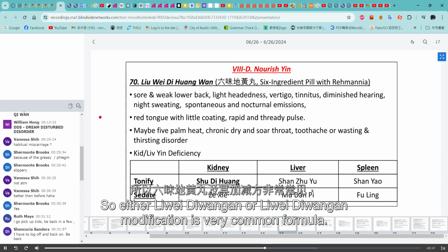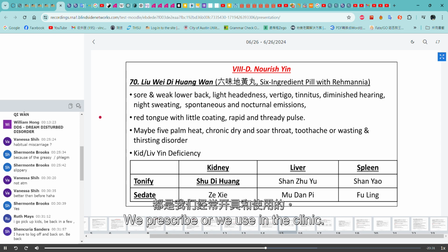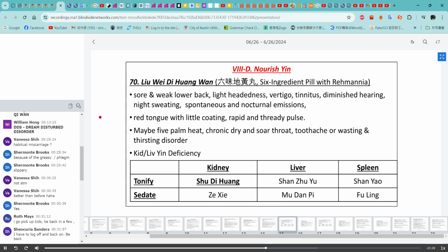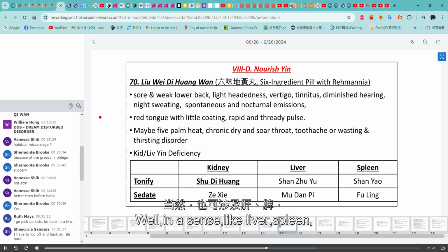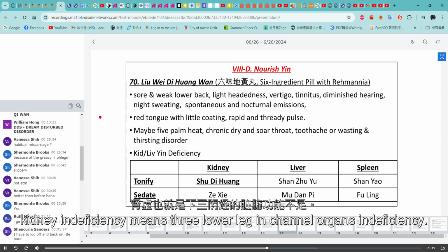So either Liu Wei Di Huang Wan or a modification of it is a very common formula we use in the clinic. So yeah, this is liver and kidney insufficiency. In a sense, liver, spleen, kidney insufficiency means insufficiency of the three lower yin channel organs.